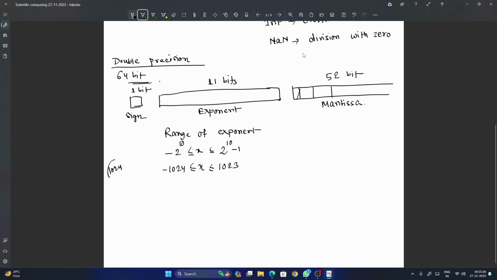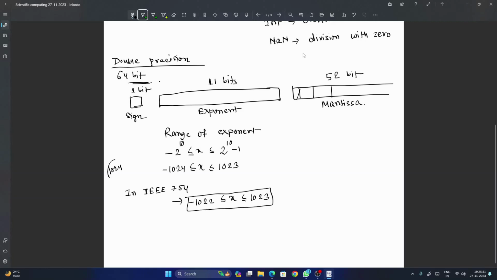And again, IEEE 754 only allows you minus 1022 less than or equal to x and less than or equal to 1023. That is the system.